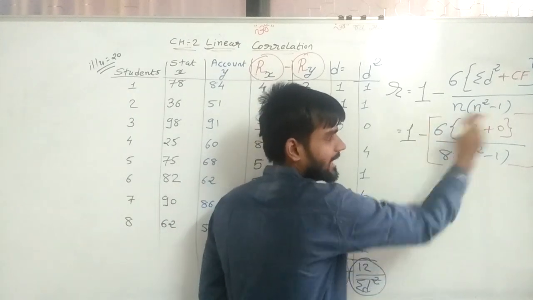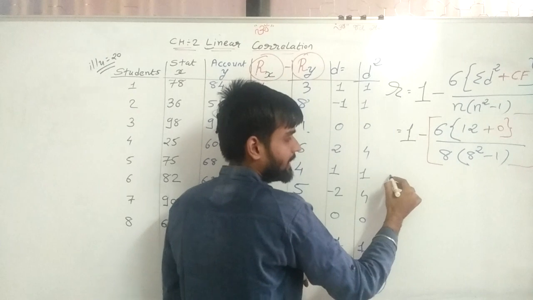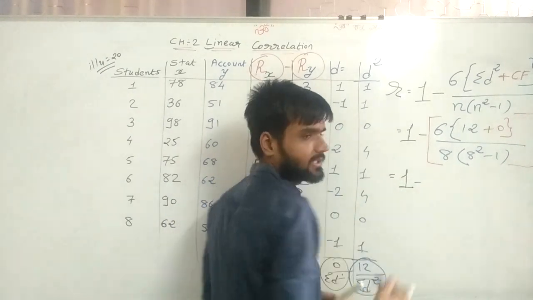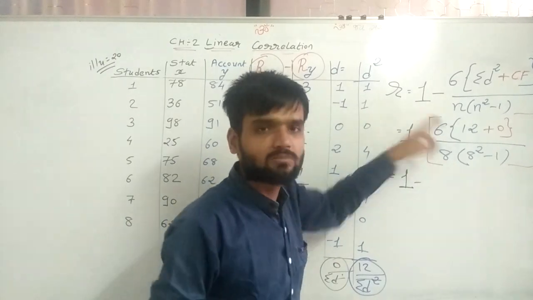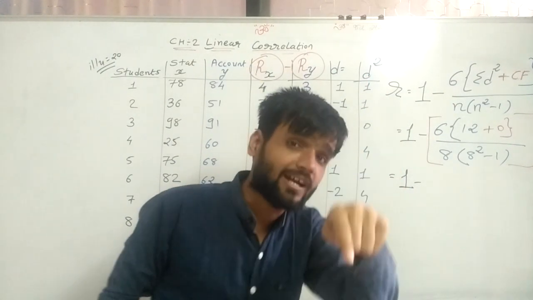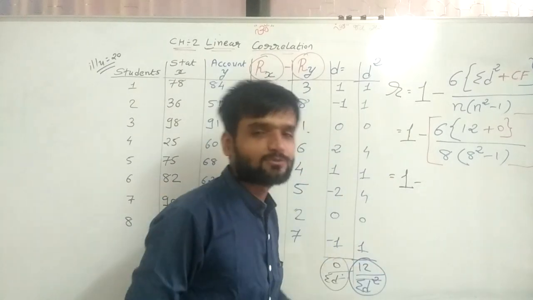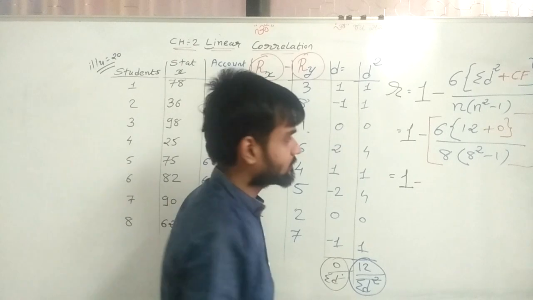First we calculate this bracket, and 1 remains as it is. Some students make a mistake: they do 1 minus 6, get minus 5, and then the calculation starts. At that time, the calculation becomes wrong. So first of all, solve these things.